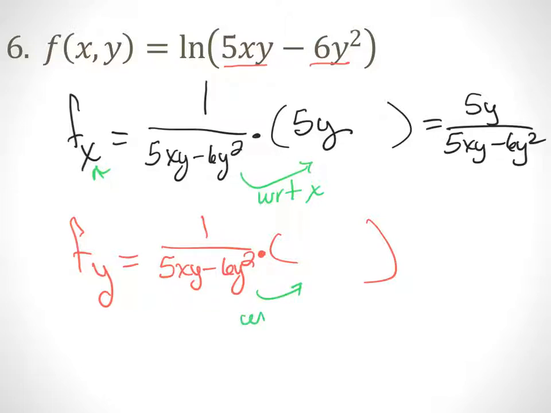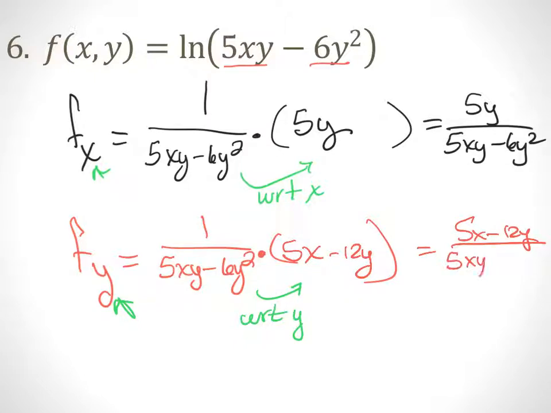So this is with respect to y because of this guy here. So 5xy with respect to y is 5x. Minus 6y squared with respect to y, bring the 2 down, negative 12y, 2 minus 1 is 1. Yes, you can rewrite that, 5x minus 12y over 5xy minus 6y squared.